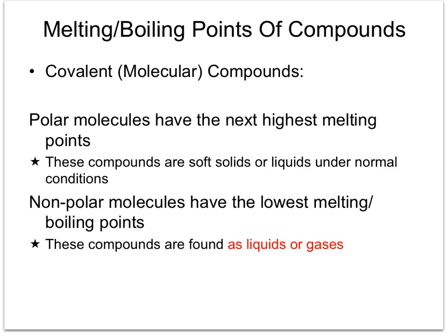Lastly, we have the covalent or molecular compounds, and there are two types, remember, the polar molecules and the nonpolar molecules. The polar molecules are usually soft solids or liquids under normal conditions, and they have the next highest melting and boiling points. Our nonpolar covalent molecules have the lowest melting and boiling points, and these are usually found as liquids or gases.